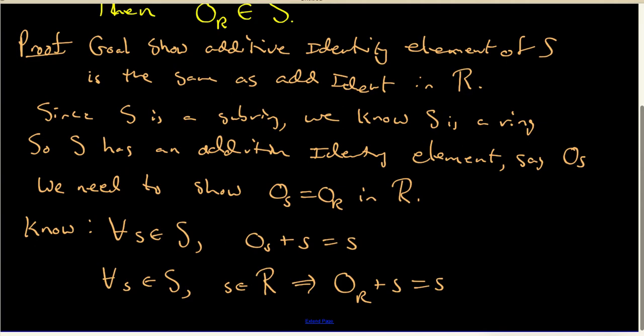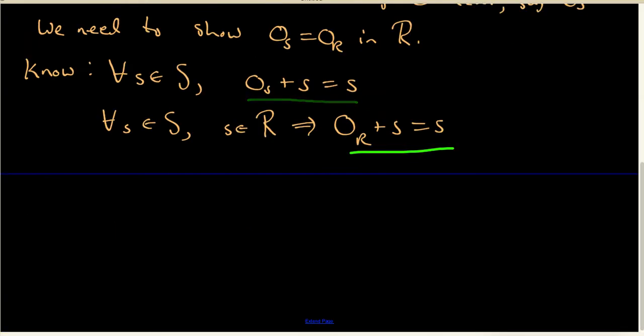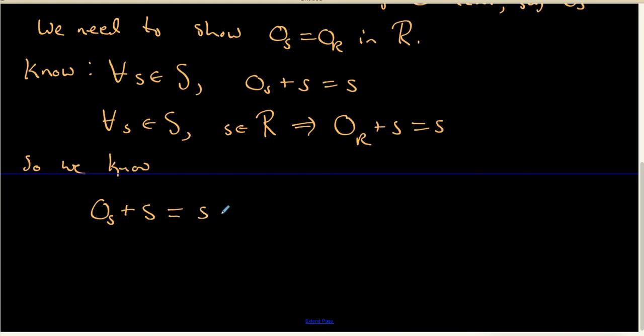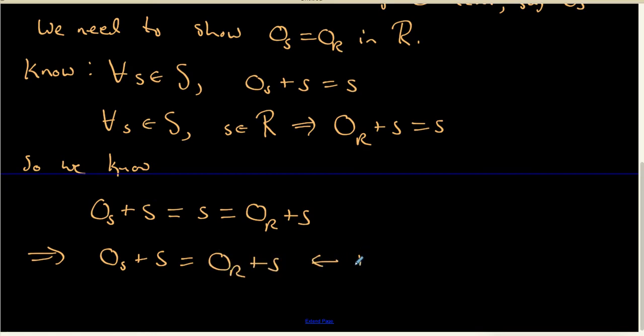And so what that lets me do is set up an equation based on these two facts. In other words, we know that 0s plus little s is equal to s, which is equal to 0r plus s. Well, that's enough to imply that 0s plus s is equal to 0r plus s, and this is inside the ring R.